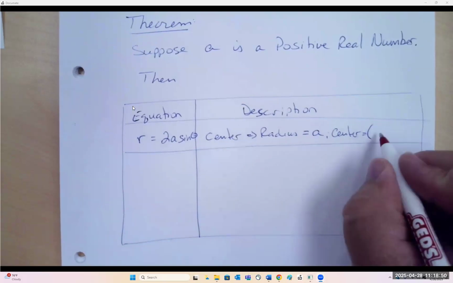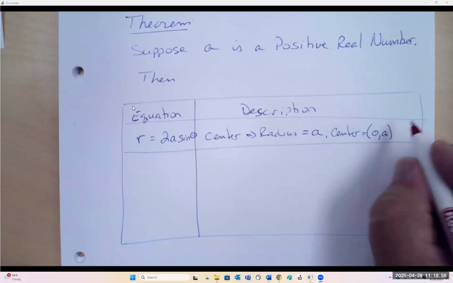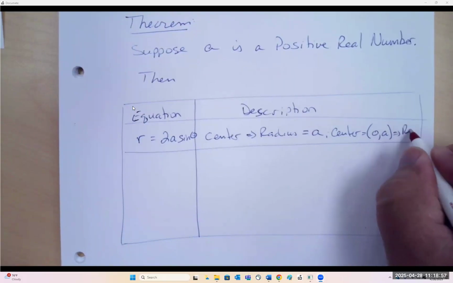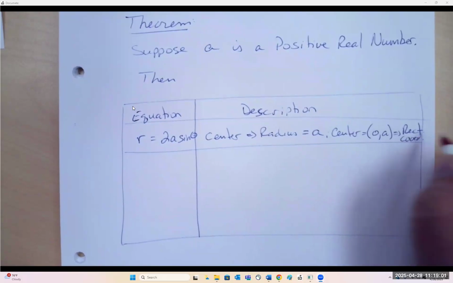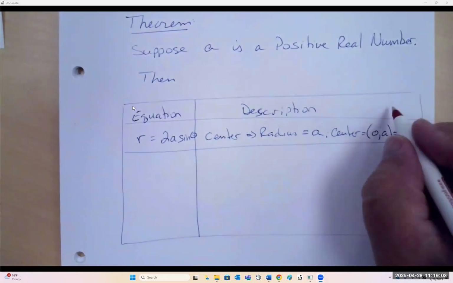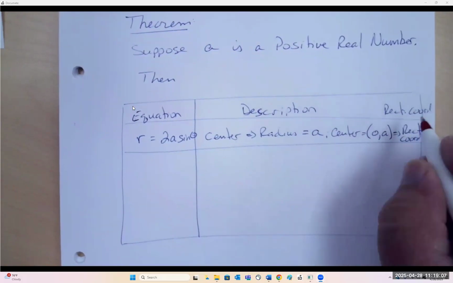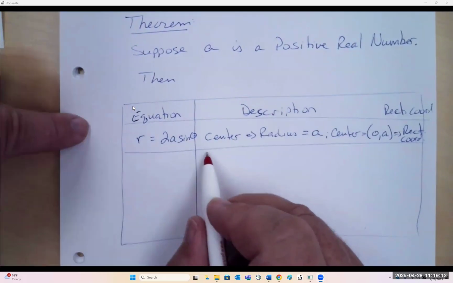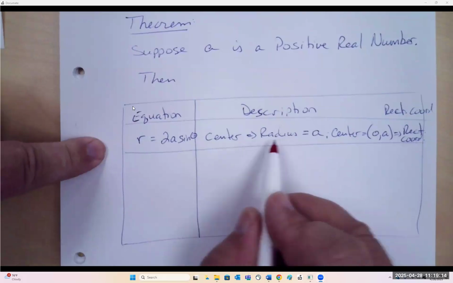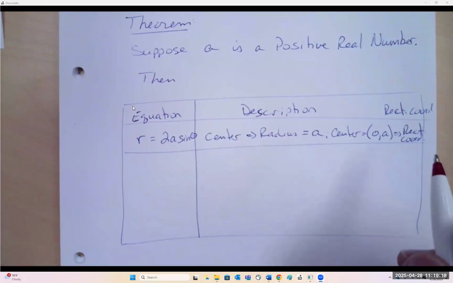The center, since it's a radius, is 0, a, and it's rectangular. These are all going to be in rectangular coordinates. So if we have this, we know the center, and we have the radius. The radius is a, and the center is going to be at 0, a.